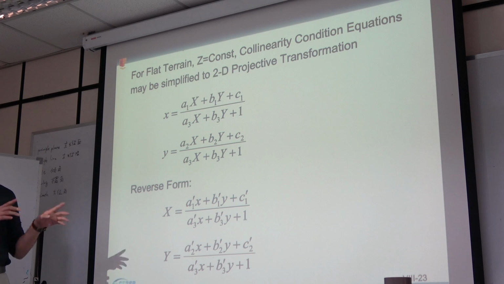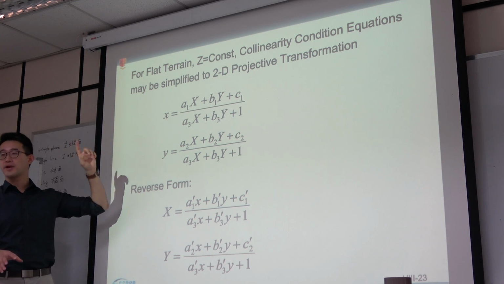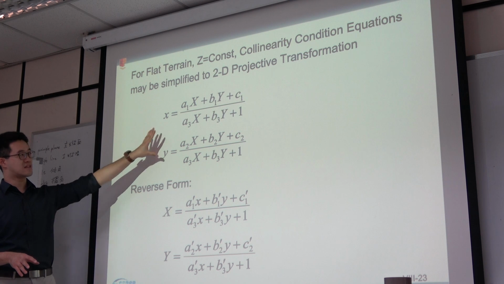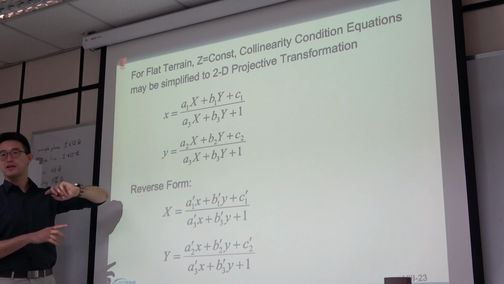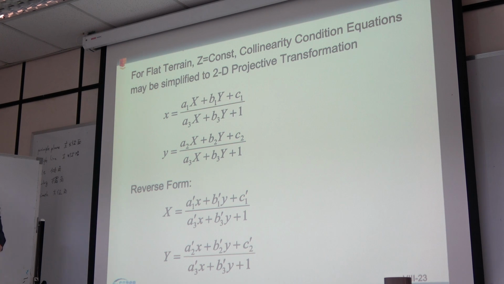At that time, I also told you guys this equation is actually a simplification from the collinearity condition equation, because it looks very similar. So how does it transform? How can we derive the 2D projective transformation?